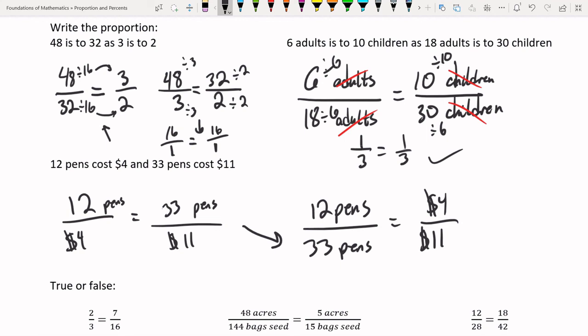Oops, did I do this correctly? Yeah, 12 pens goes to $4, as 33 pens goes to $11.